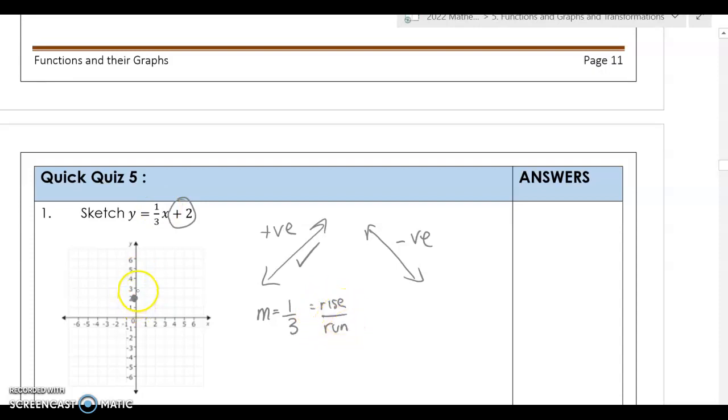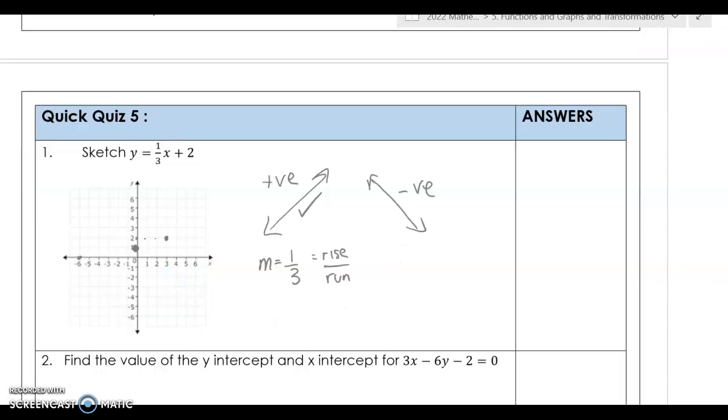So for each 1 up, which is our rise, we're going to go 3 across. So 1 up and 1, 2, 3 across. There's a point that would also be on our line. So based on our y-intercept and the gradient, we're going 1 up and 3 across. I've got 2 points, so that's actually enough to draw that graph.